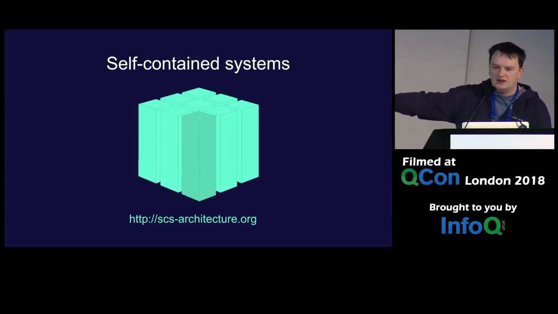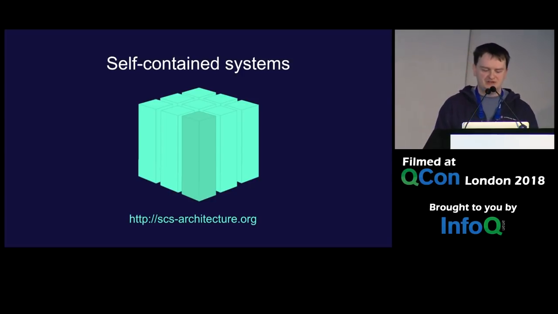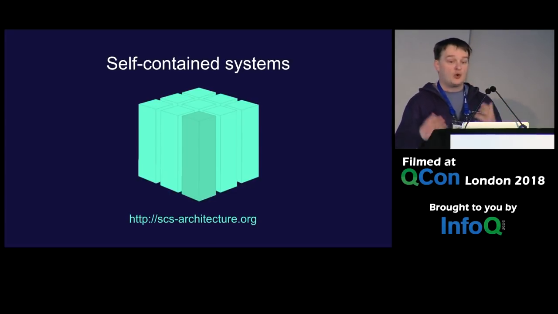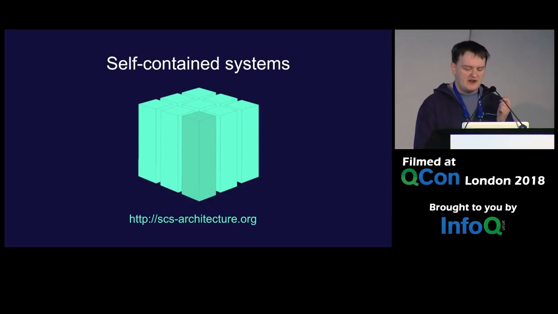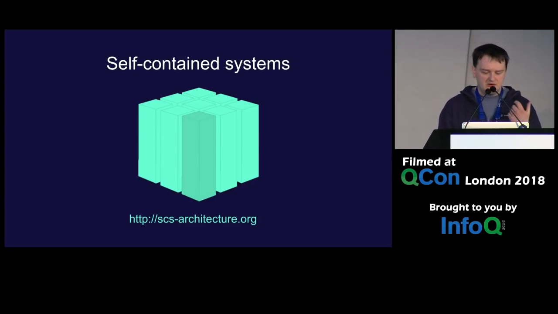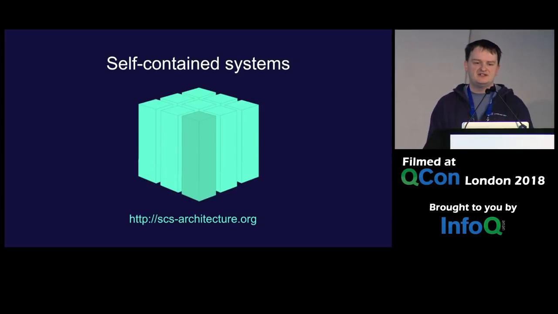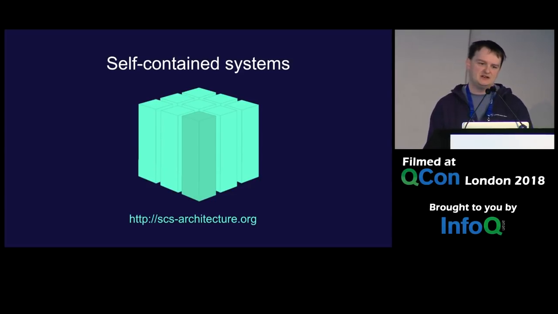We have the website up there if you want to check it out and read more into it. We haven't taken all of the features of self-contained systems, but there are a number of features that we have taken. So the important ones are that a self-contained system owns its own business logic and its own data.